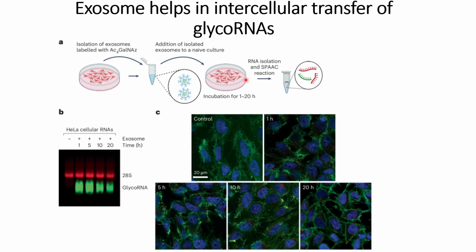The glycoRNAs formed by the native HeLa cells will not be detected using this SPAAC method. This ensures that whatever glycoRNAs are detected in the second step are from the first step. This is how they validated that exosomes help in the intercellular transfer of glycoRNAs.